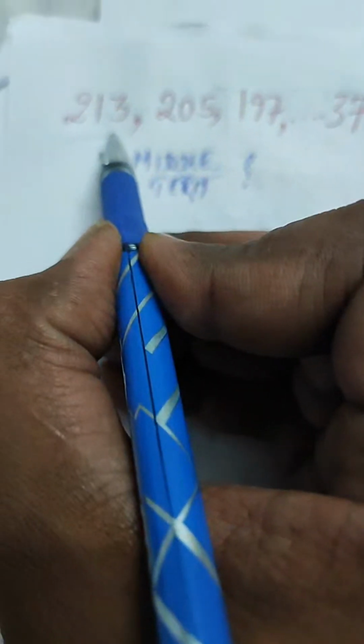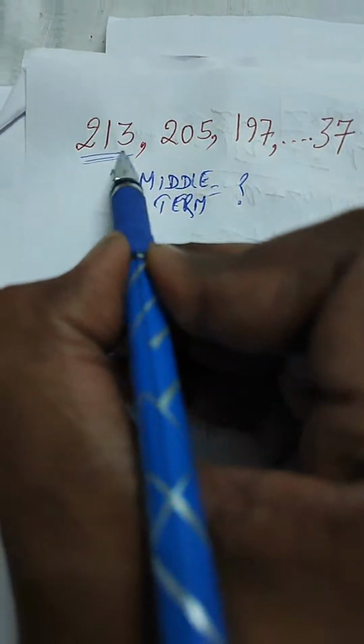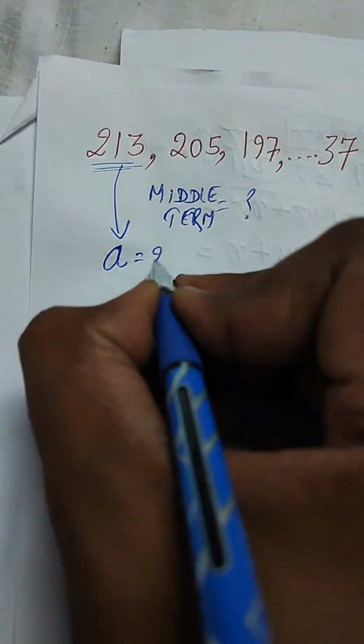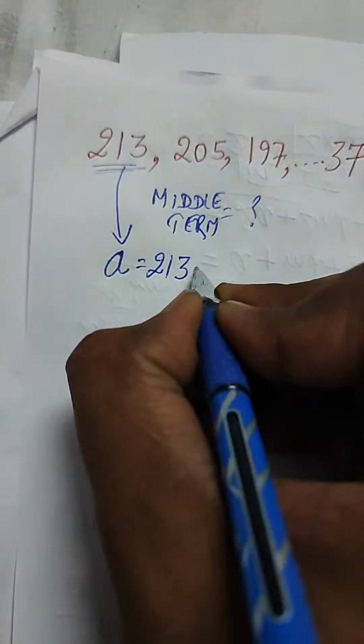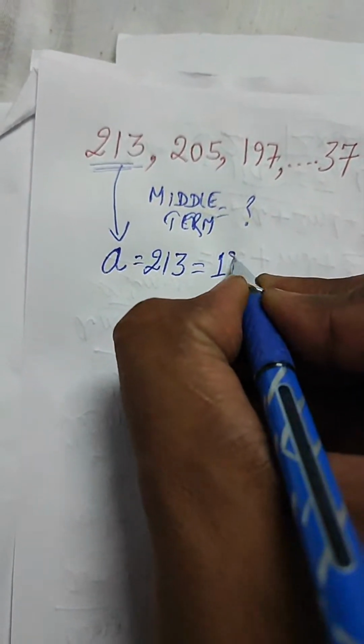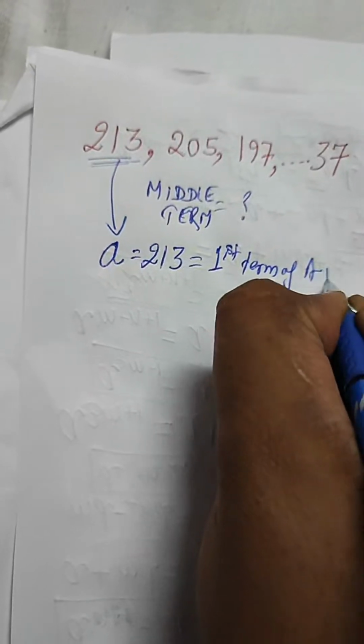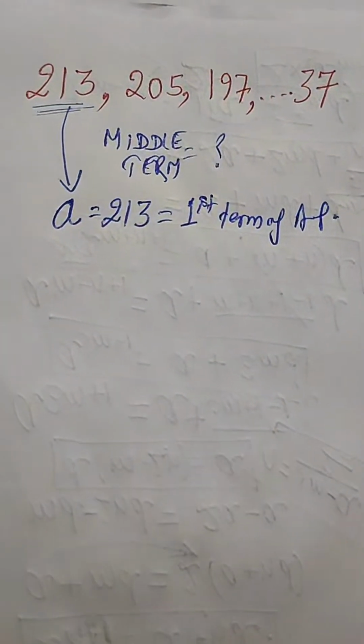So students, here mark it: 213, the first term of the AP. The first term of the AP is the value of A, that is A will be 213, because this is the first term of the given AP, arithmetic progression, right?